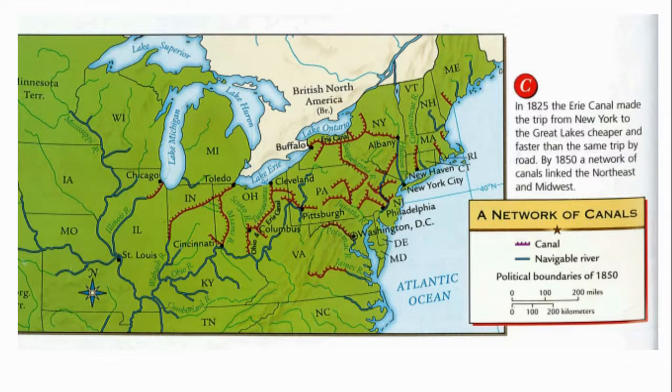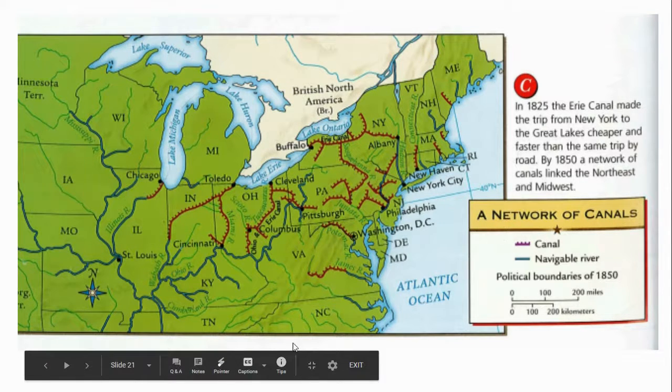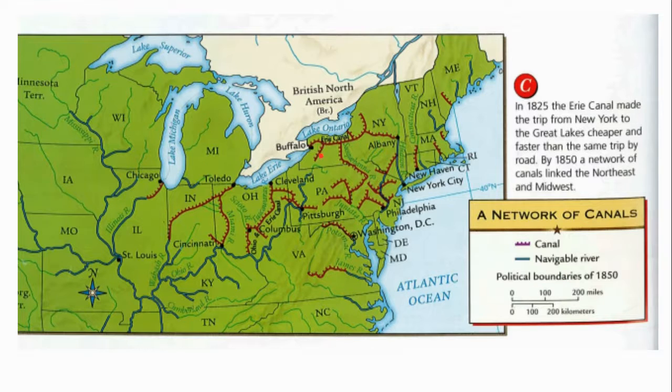And next week, I'll tie this all together with what we're learning about America growing and Americans moving west. The first document, remember, pay attention to the title, A Network of Canals. We see a key, or sometimes called a legend. These little hatch marks, like a line with little lines on it, those are canals.